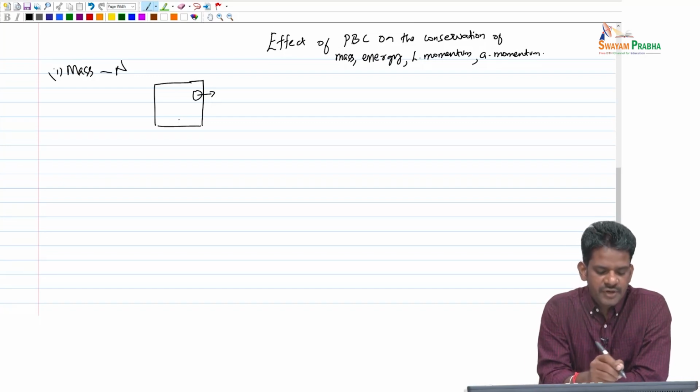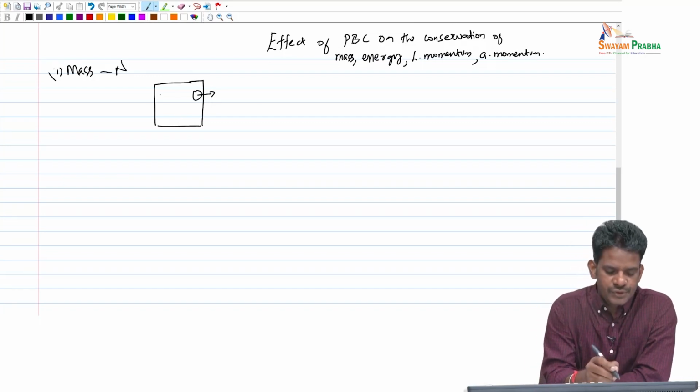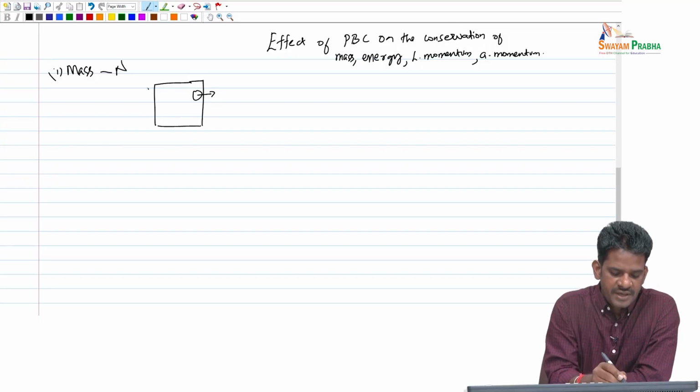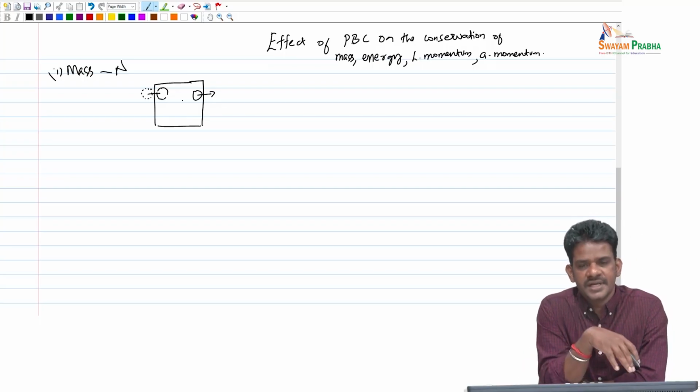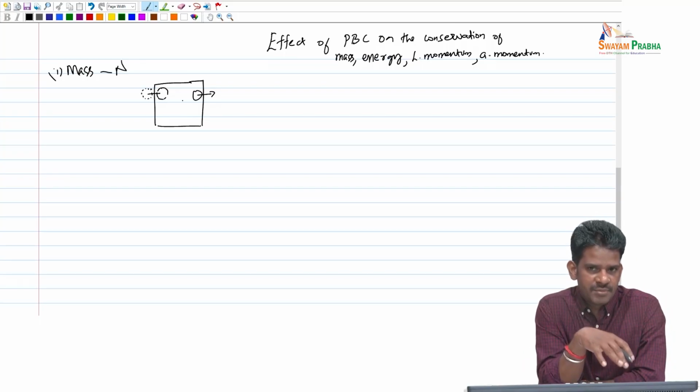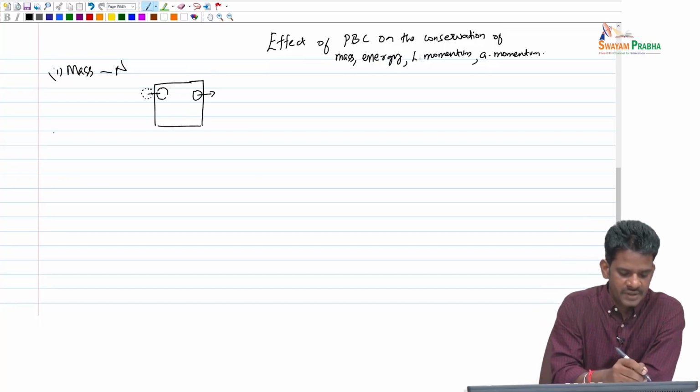But in the application of periodic boundary conditions, we also know that an image of the same particle from the neighboring box comes in from the other side, so that the total number of particles always remains constant in the system. Inherently, periodic boundary conditions conserve the number of particles, or in other words the mass. So that is straightforward. The second thing is about energy conservation.